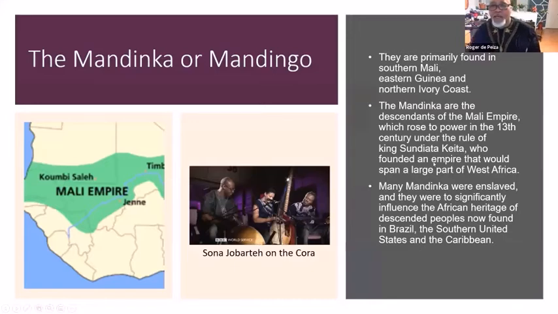So the Mandinkas are descendants of the Mali Empire, and many of them were enslaved, and they influenced a lot of tradition in Brazil as well as in the southern United States and the Caribbean.